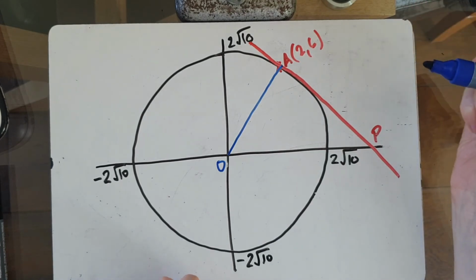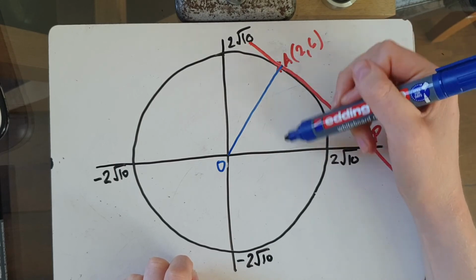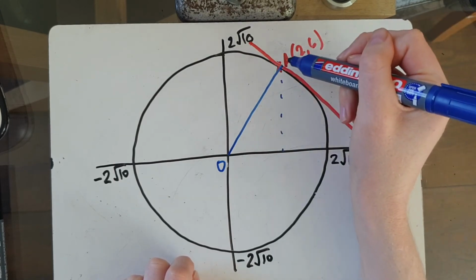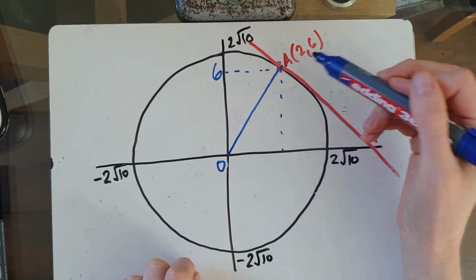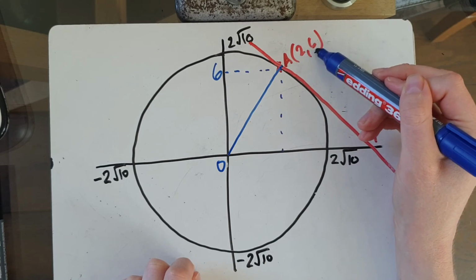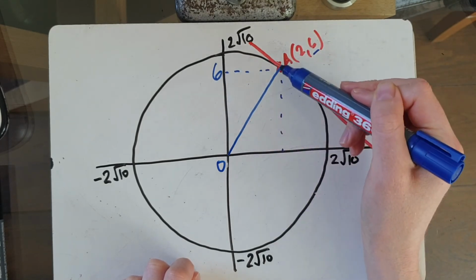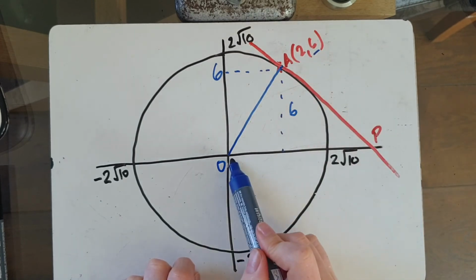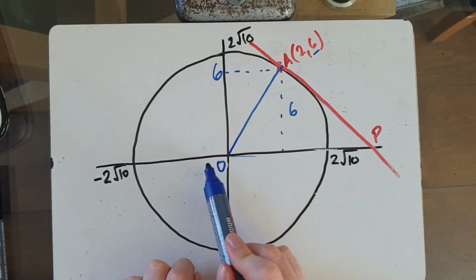To find the area of a triangle, we do the base times the height. We've already got the vertical height. It is 6 because it goes up to point A, which is 2, 6. That's the y coordinate, so that is the position on the y-axis, so the height is 6. We need to find this length here.